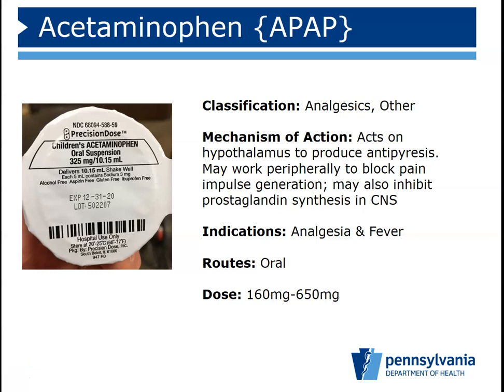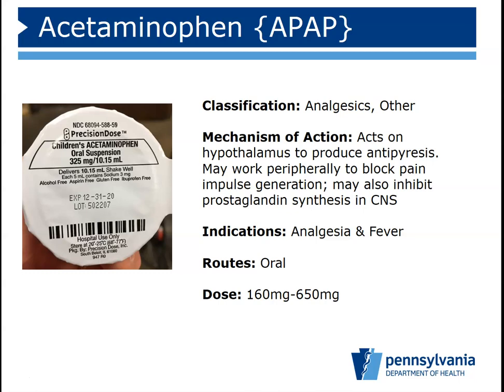Next drug that's been added has been acetaminophen. Here you can see a quick picture of one. They come in 10.15 ml containers, one patient use. This is considered an analgesic. The way that it works is on the hypothalamus to produce antipyresis, reducing the fever. It may also work peripherally to block pain.